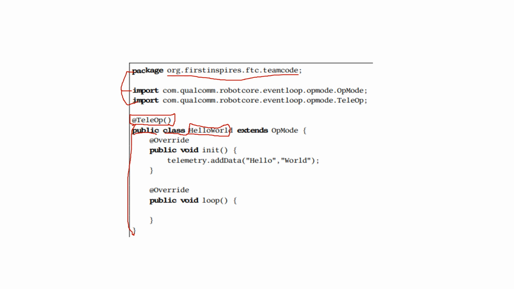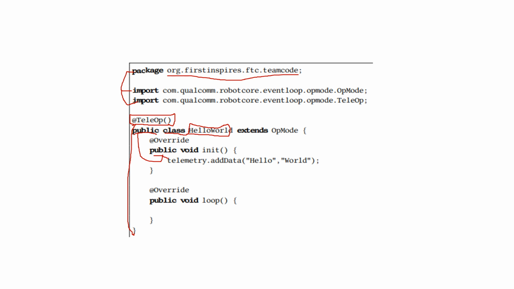And public on the second part has the same meaning as the public over here. This means that this method is callable from outside the class. Void means that this method doesn't return anything. Init is just the name of this method, and inside the curly brackets is what this method is planning to do.